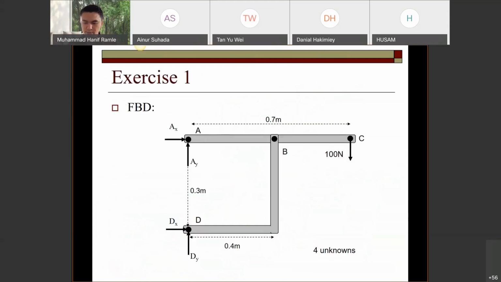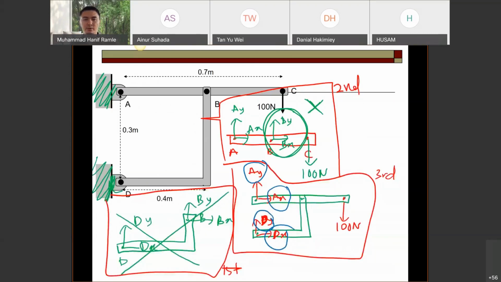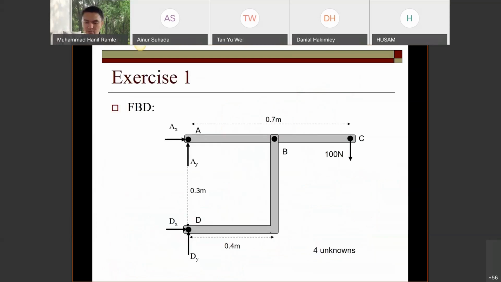Same FBD with 4 unknowns. This is your completed FBD with dimensions, reactions, and geometry. You can see that there are 4 unknowns: AX, AY, DX, and DY, and this is tedious work.